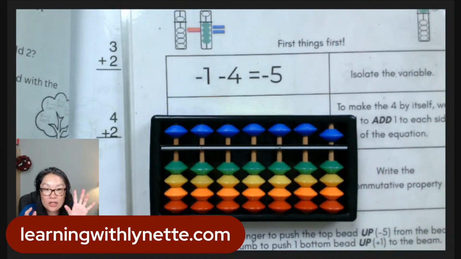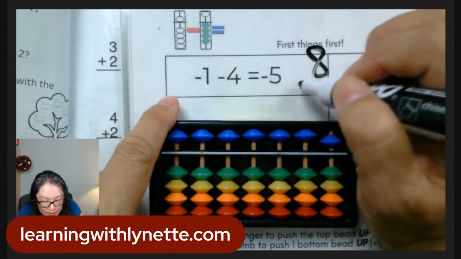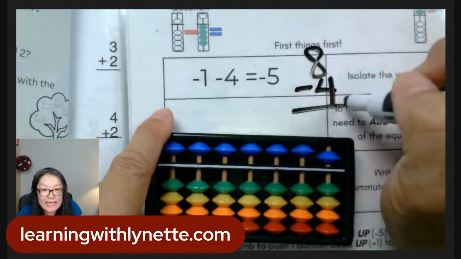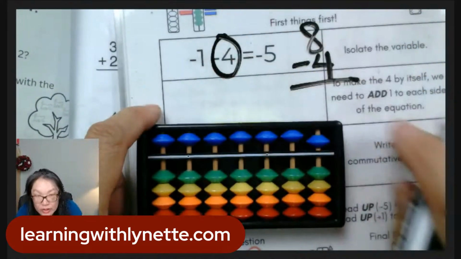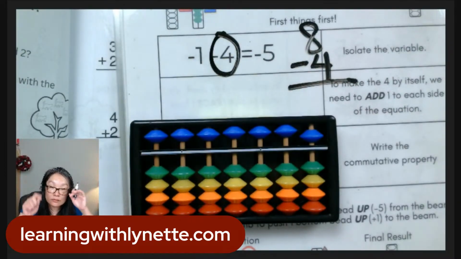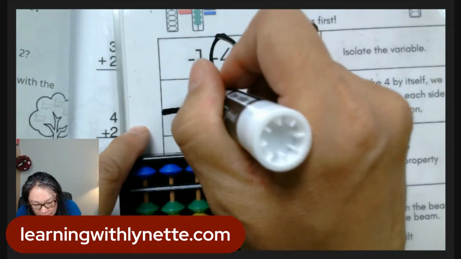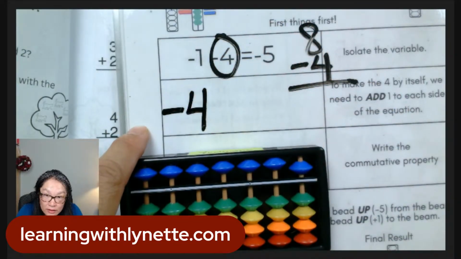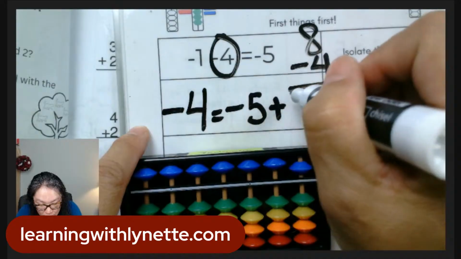Okay. So what we're going to do is we're going to do minus 4. Why are we going to do minus 4? Because the question is 8 minus 4. When we minus the 4, again, we're going to isolate the variable. This looks very familiar. Minus the 4 is equal to minus the 5 plus the 1.